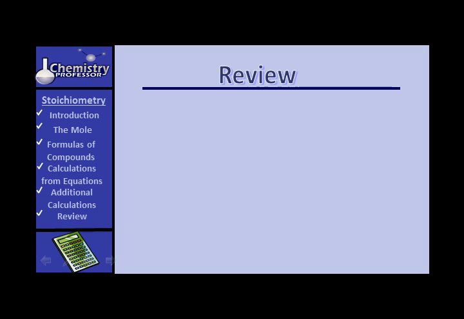In looking back over this unit, we've talked a lot about calculations. The first that we were concerned with was the mole, one of the most important concepts that you study in chemistry. You must have a good grasp of the mole, and we will develop this concept more in other units. We talked about formulas of compounds from the standpoint of using calculations to determine formulas, and a little bit on the history of how that came about.